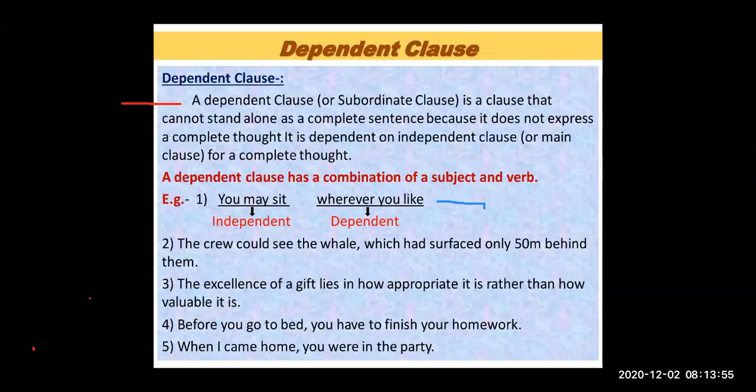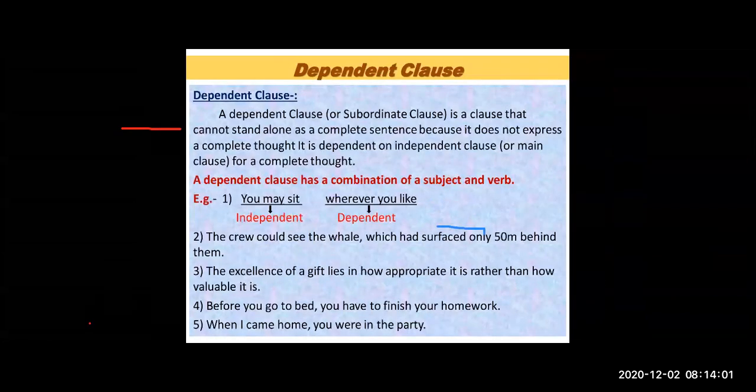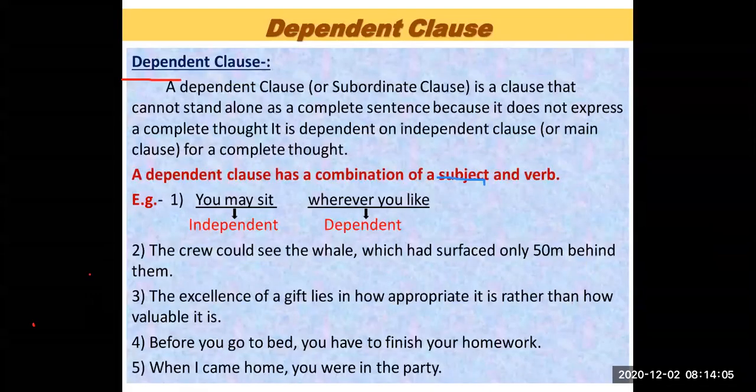But see, there is a combination of subject and verb. In the sentence wherever you like, you is the subject, like is the verb. There is a combination of subject and verb, and the whole sentence has meaning as well.